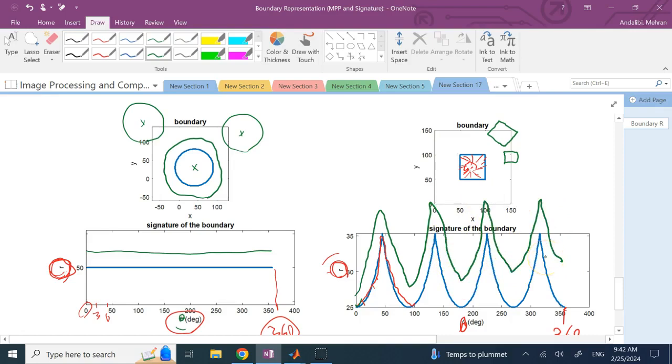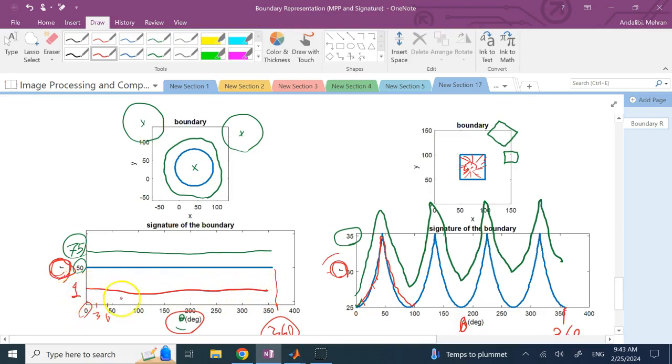So one thing I can do for this is to divide all of these values by their maximum and bring the range between 0 and 1. So if I divide, let's say this is 75, if I divide all these values by their maximum, which is 75, or here all of them by 50, then both the green and the blue plot will be the same as this red plot, where the maximum value is 1.